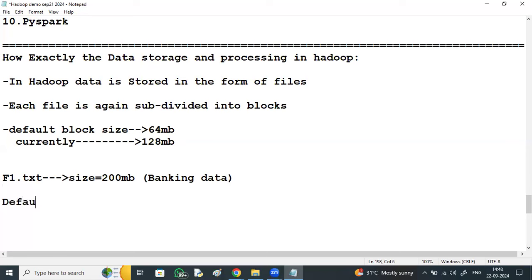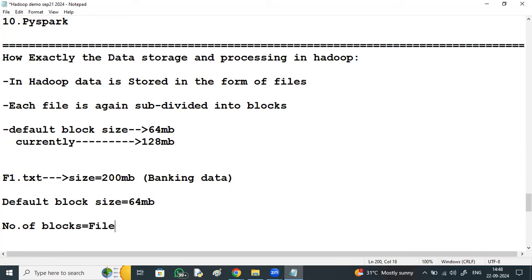Assume the default block size is 64 MB, which means the file is divided into fixed size chunks. We call them blocks. Into how many blocks is the file divided? It is the file size divided by the default block size.